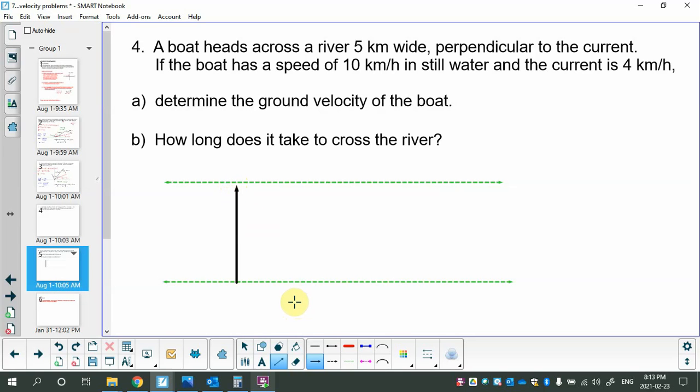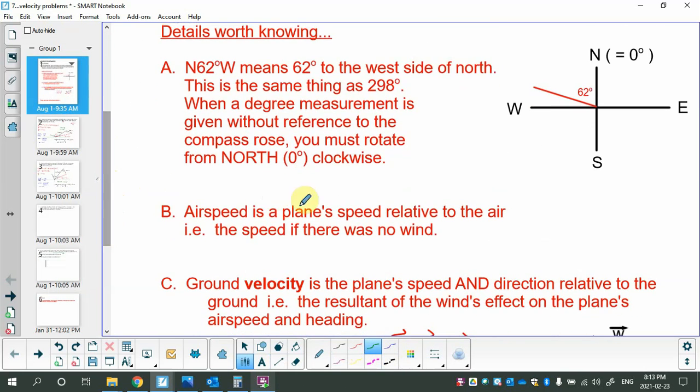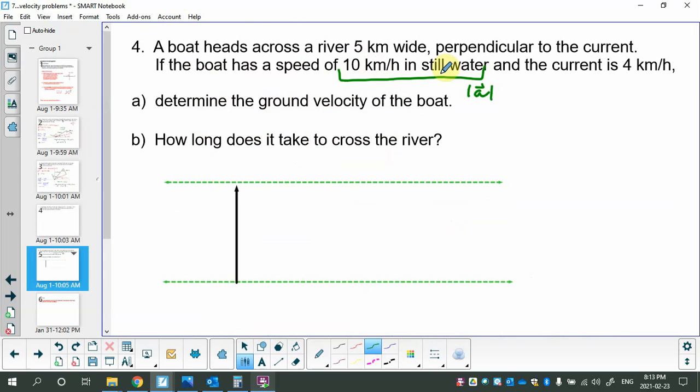If the boat has a speed of 10 kilometers per hour in still water, so this is the exact same thing as airspeed. Because if I flip back to air, airspeed is a plane's speed relative to the air. So this is relative to still water, only it's boat speed.